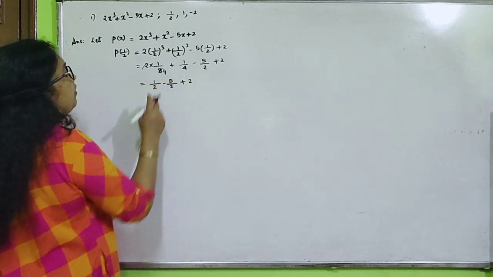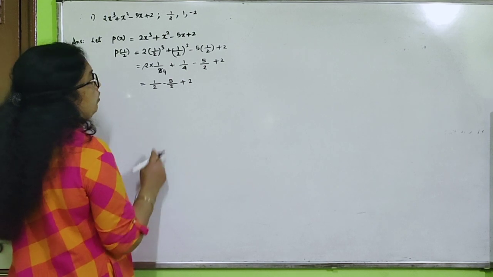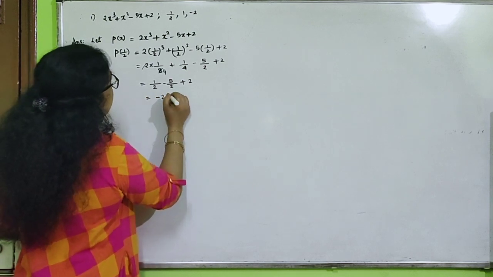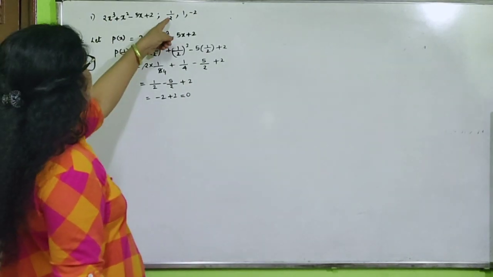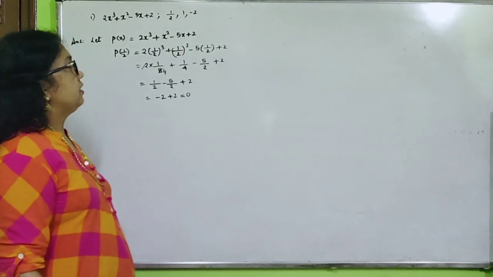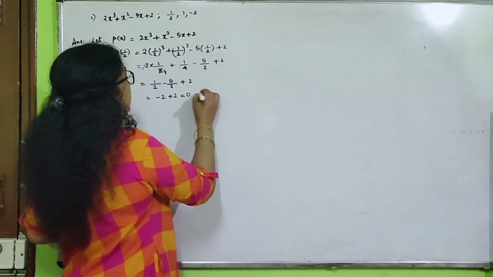Same LCM, 1 minus 5 is minus 4. Minus 4 by 2 is minus 2. So this is minus 2 plus 2, equal to 0. So we proved half is one of the zeros. This is the first one.